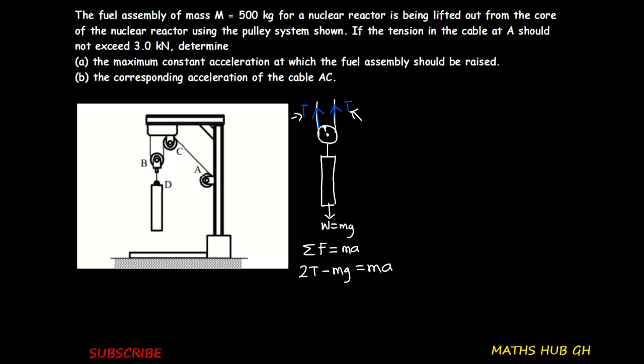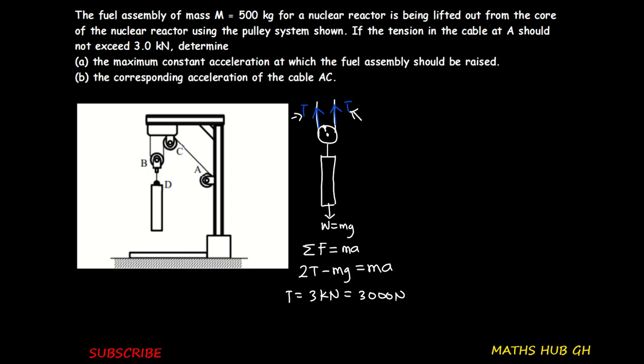So T is equal to 3 kN, which is the same as 3000 newtons, because that is the maximum tension the cable should have at most, and we want to find the maximum constant acceleration.